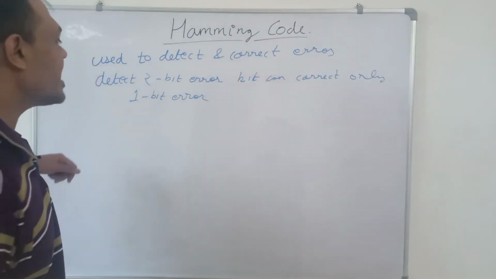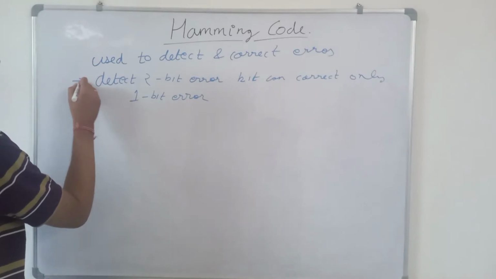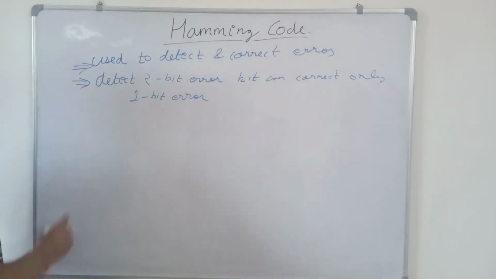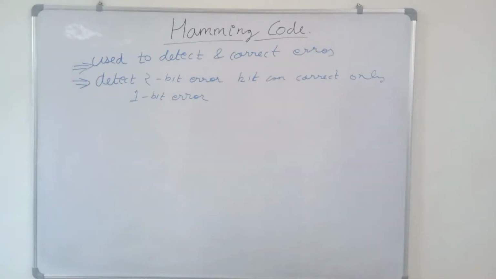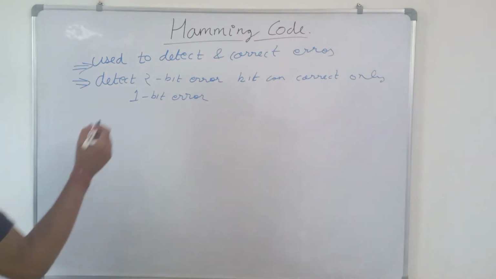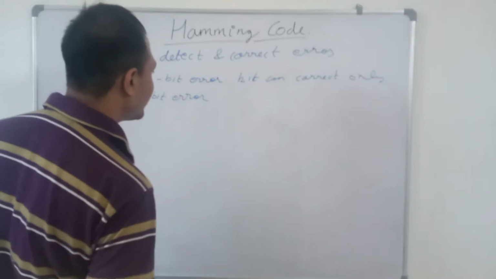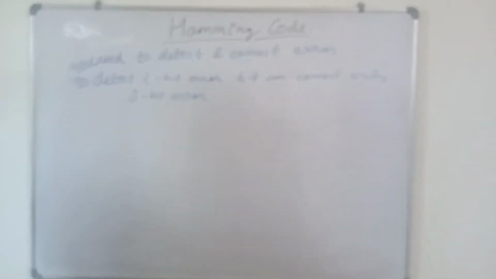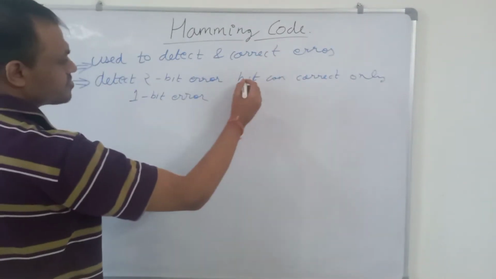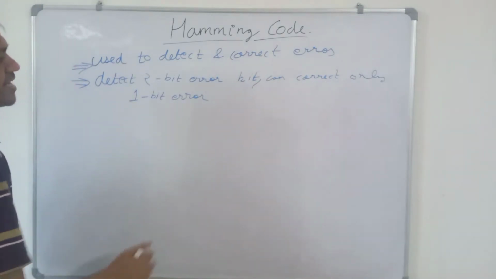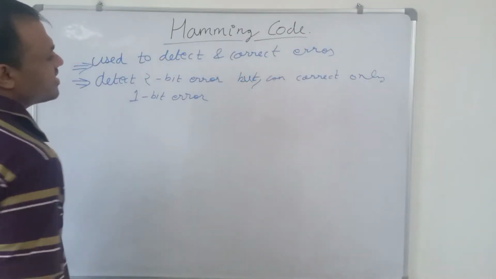It cannot correct the error in both of the bits. So these are the basic properties of Hamming codes: they are used to detect and correct errors, and they can detect 2-bit errors, but can correct only 1 bit error.